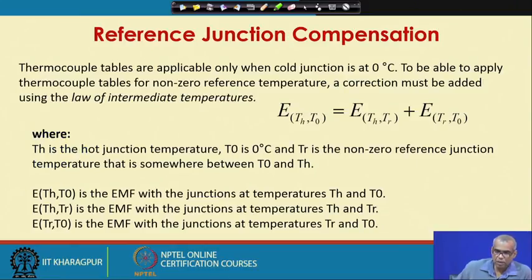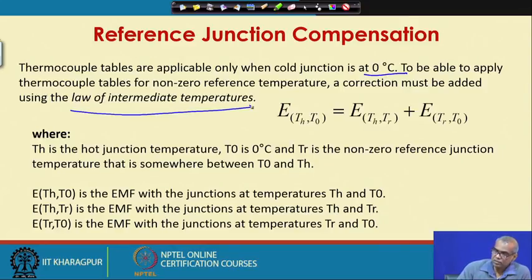Thermocouple tables are applicable only when the cold junction is at 0 degree Celsius. To be able to apply thermocouple tables for a non-zero reference temperature, a correction must be added using the law of intermediate temperatures.